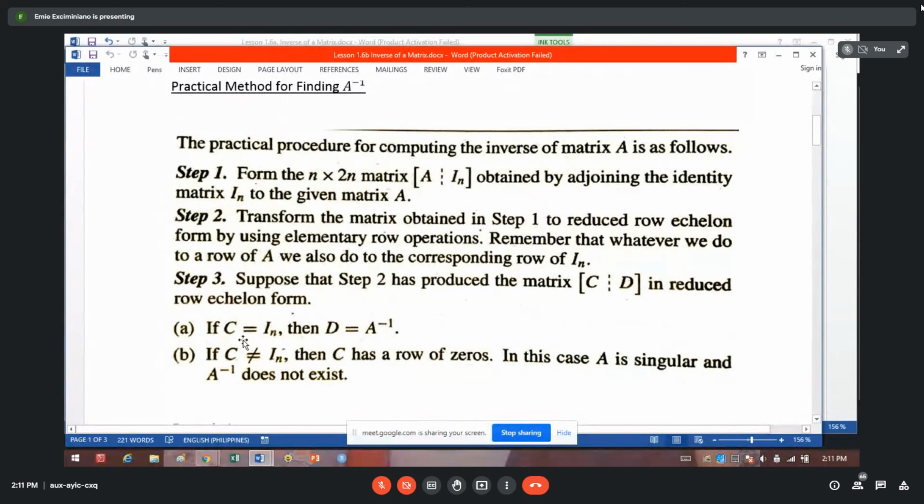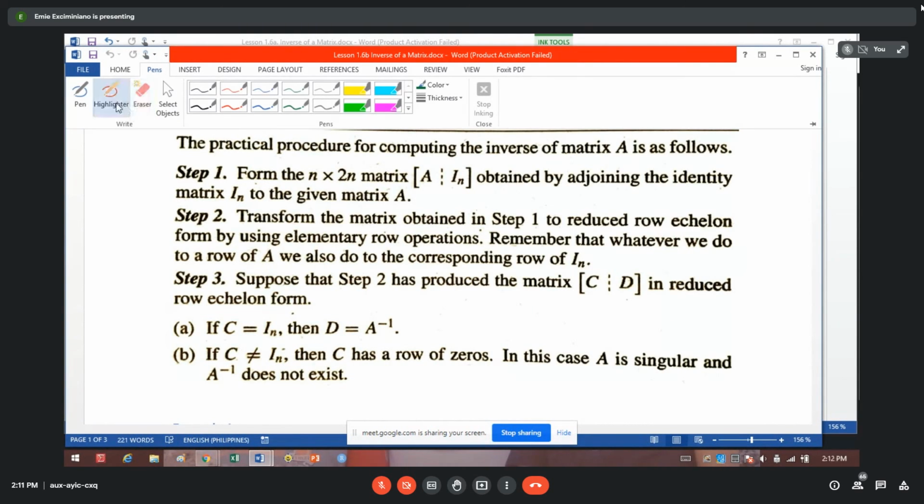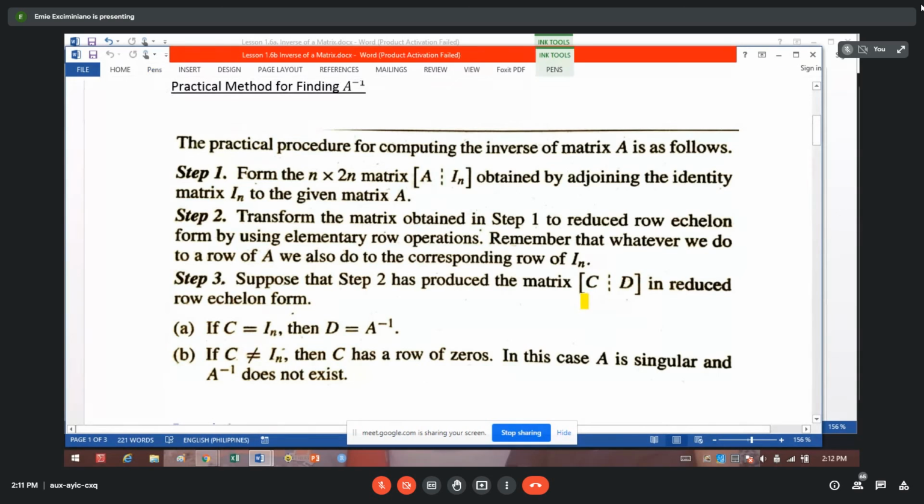If C is equal to IN, itong C na to, highlight ko nga, this one, itong C na to becomes IN. Nalipat dito sa left side, naging IN na to. And D here becomes the inverse of A dito.